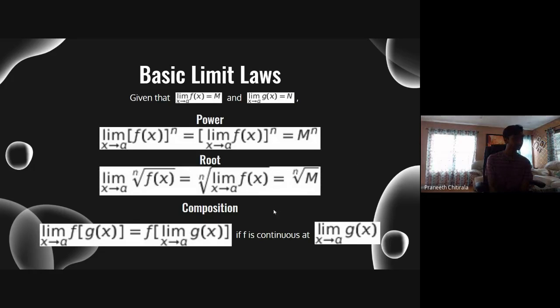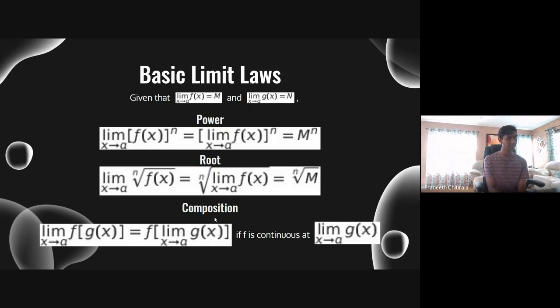You just take the limit of g and then substitute that value into f of x. This only occurs if f is continuous at the value of this limit. So it's a little complicated, but some examples will help.